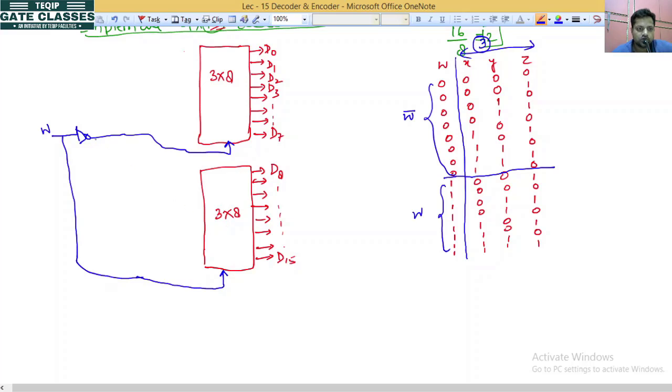Now you will get here W bar, and here we get W. And these 3 are the inputs of the 3x8 decoders. So each has 3 inputs, X, Y, Z.